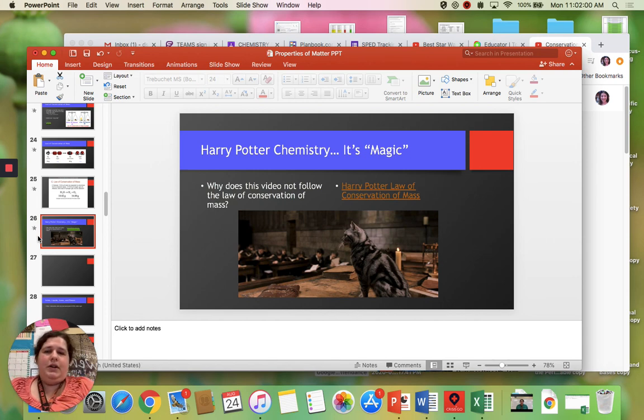The atoms get shuffled around, but overall you have the same atoms there, beginning to end. They don't appear, they don't disappear, it's not magic. You can't go from an 11-pound cat to a 115-pound actress. It just doesn't happen. So we have to follow the chemistry laws if we want to stay within the guidelines.